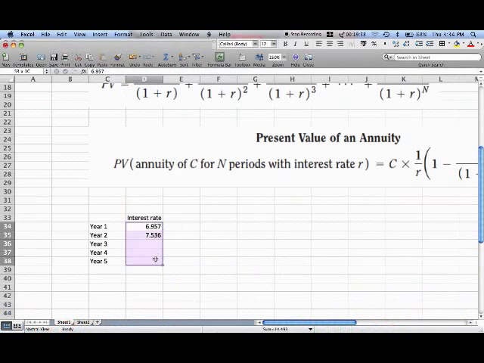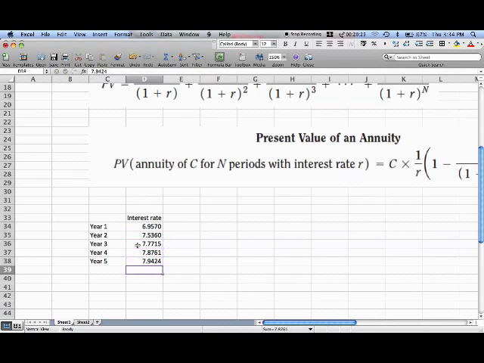Okay, in the third year you have 7.7715, and then you have 7.8761, and then you have 7.9424.